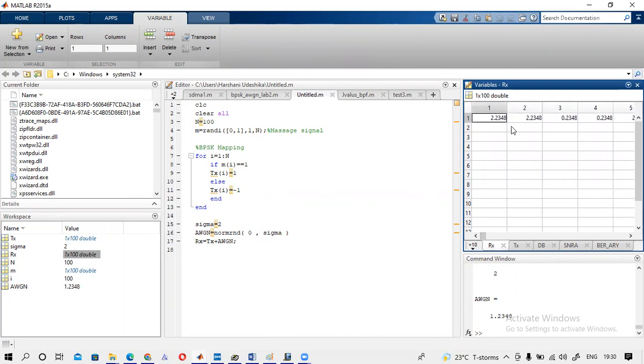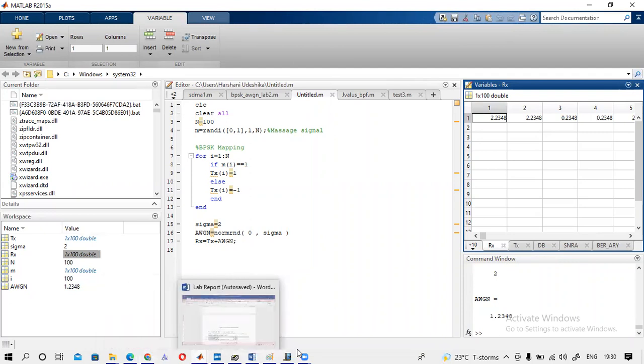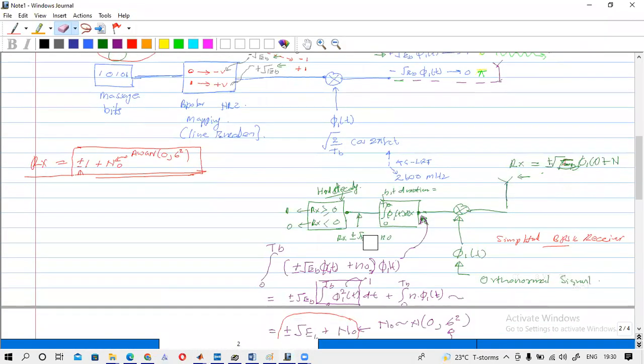Now I have to check whether these symbols are 1 or 0. So where are we now?